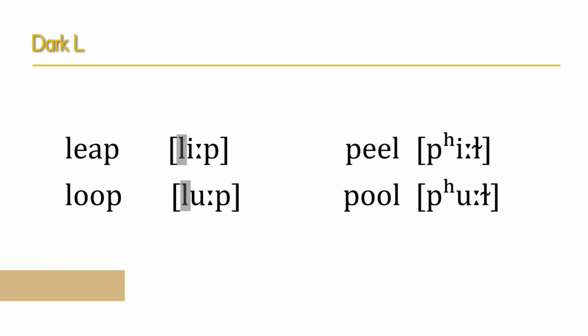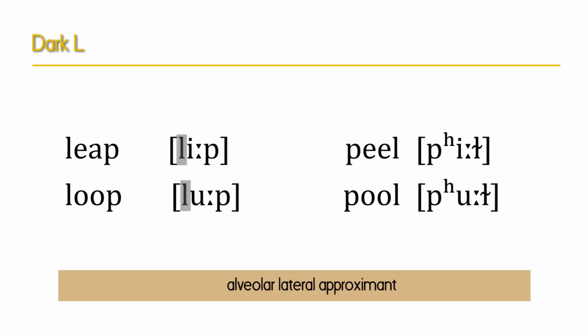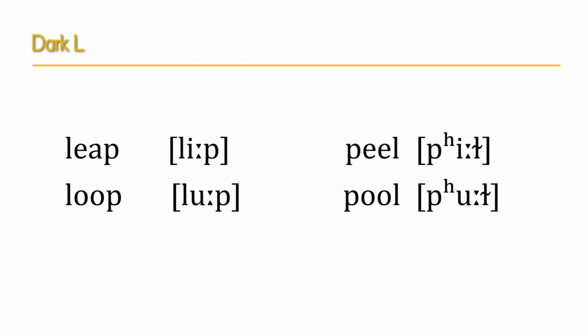Look, this is the alveolar lateral approximant, and this is the velarized version of it. They have simpler names. This is called clear L, but more importantly, this is called dark L. The whole point of this video is to introduce the dark L. Once you know about the dark L, you're going to be able to pronounce it, and you're going to be able to distinguish it when you hear it.